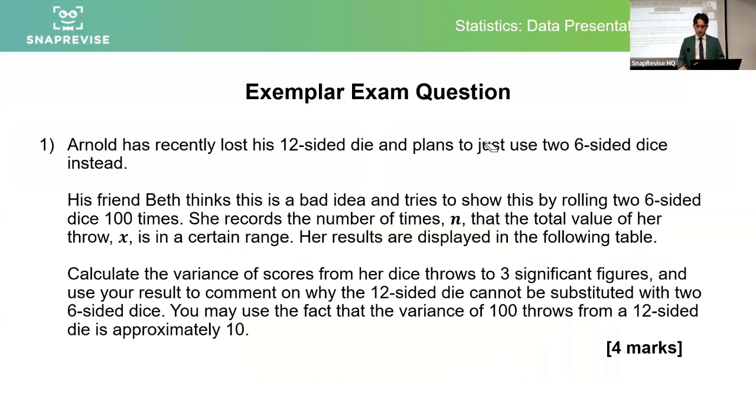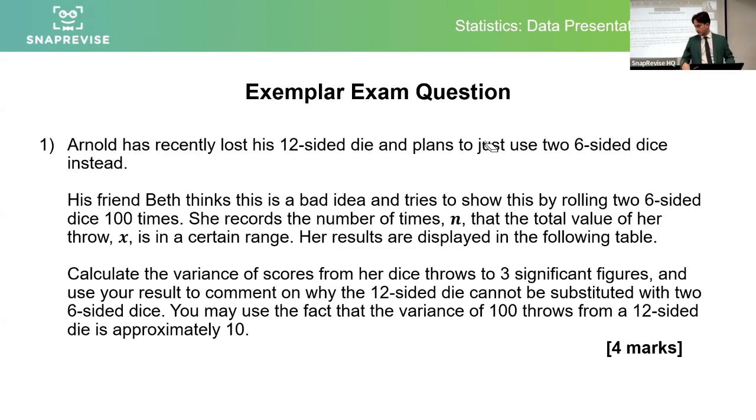Calculate the variance of scores from her dice throws to 3 significant figures and use your result to comment on why the 12-sided die cannot be substituted with two six-sided dice. You may use the fact that the variance of 100 throws from a 12-sided dice is approximately 10.